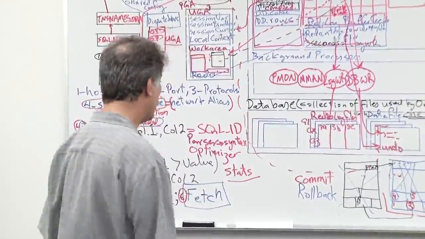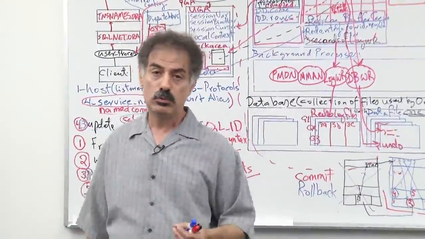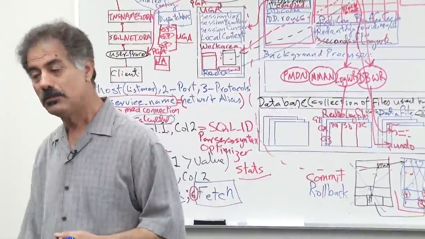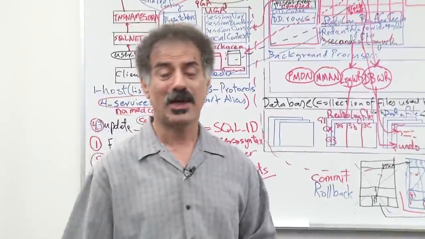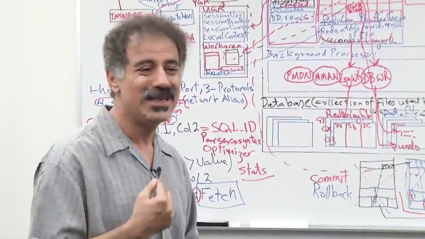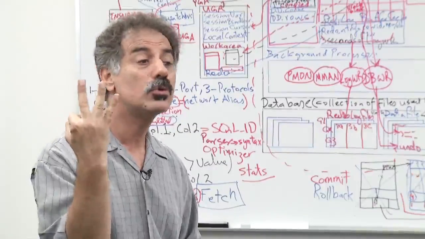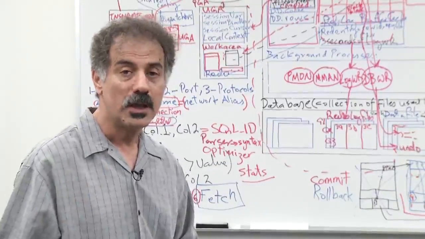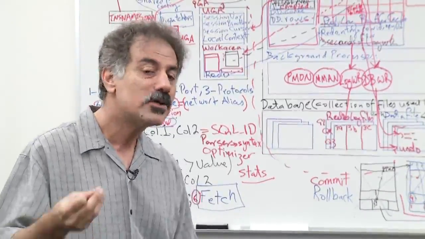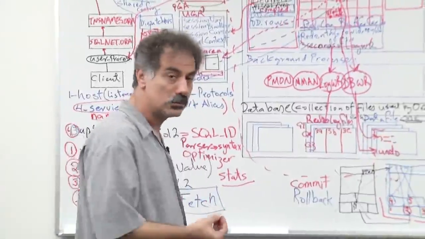Therefore, we always recommend a minimum of 3 groups for the redo. Personally, I many times recommend to my clients up to 5 groups. This way, I can afford to lose 2 groups, and my database still has 3 groups for normal operation, and the possibility of hanging is much less. Therefore, I am fault tolerant.